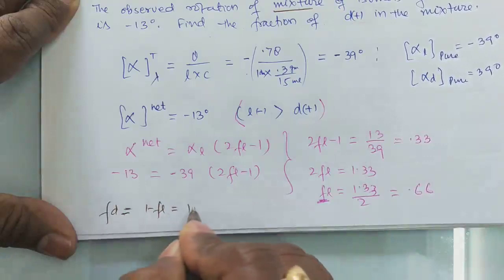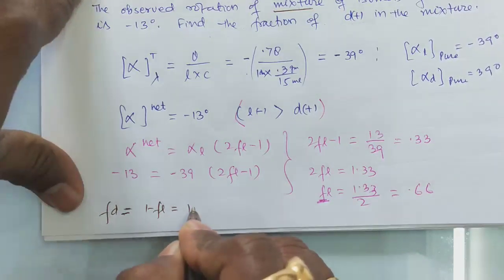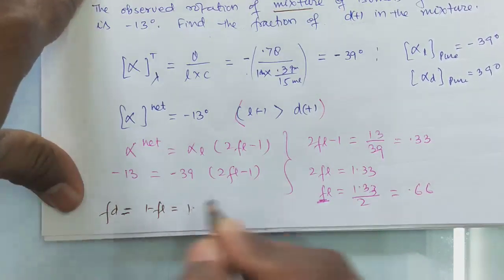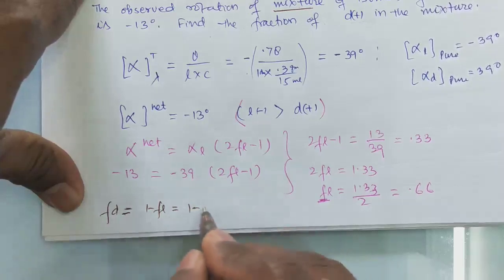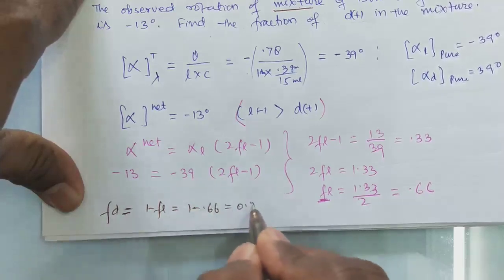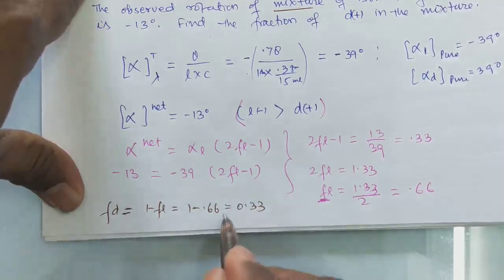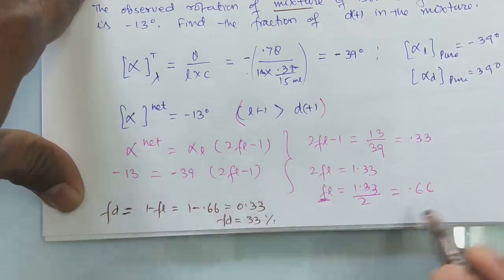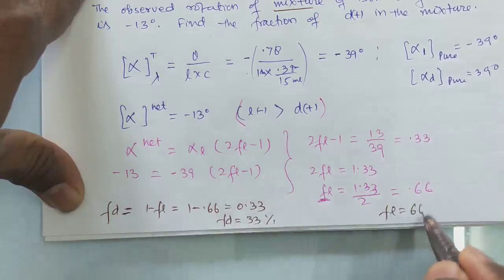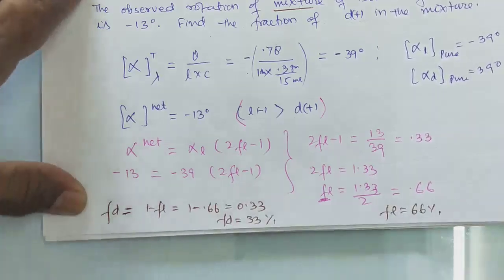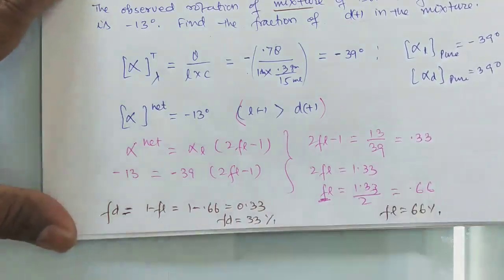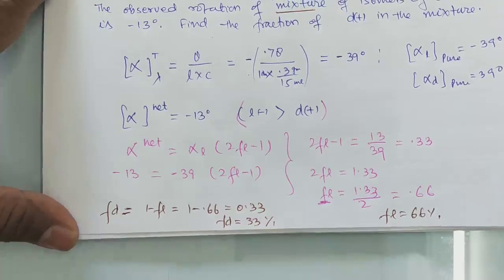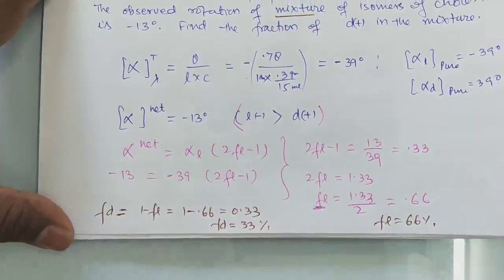So 1 minus 0.66 is equal to 0.33. So in terms of percentage, you can write FD is equal to 33% and FL is equal to 66%, right? So this is the analysis of this mixture.